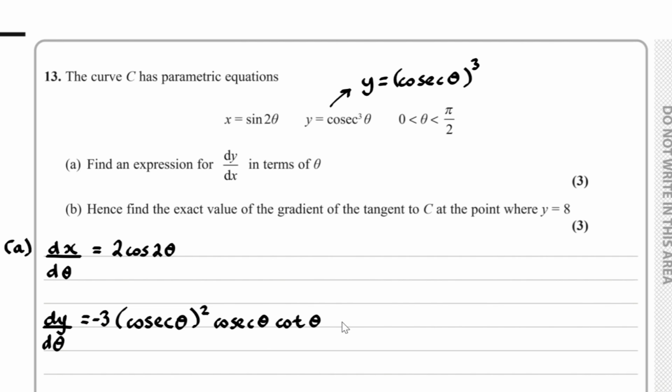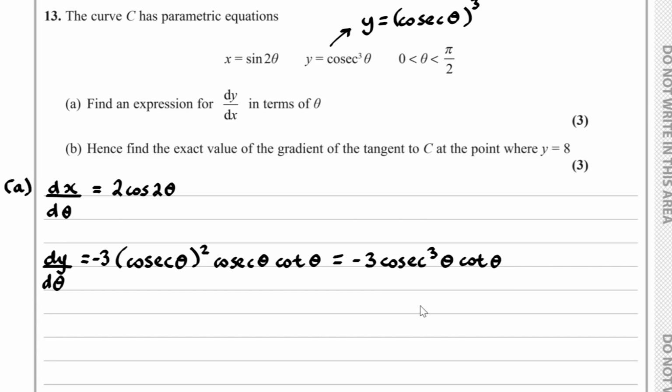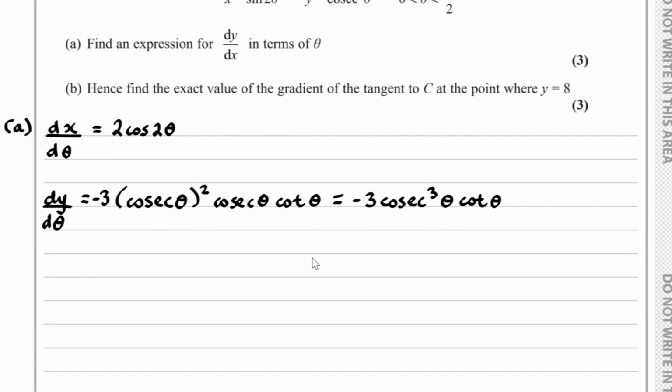In other words, we end up with minus 3 cosec cubed theta cot theta. And so therefore, to find out what dy over dx is, that's equal to dy over d theta over dx over d theta, and that's through the chain rule.